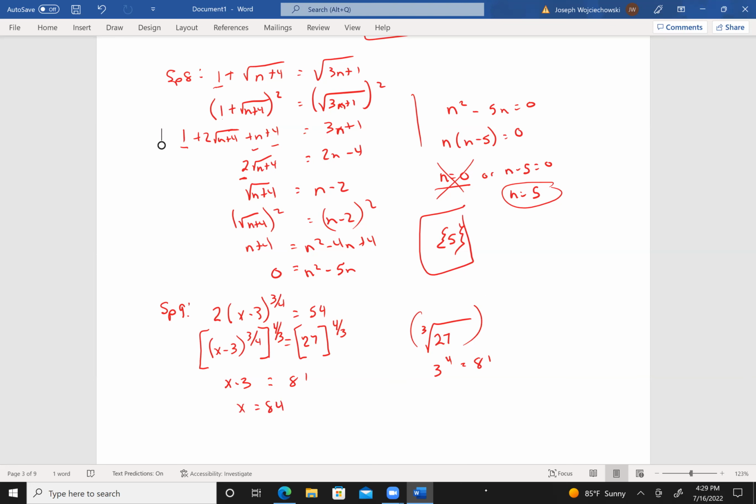So we could break this down initially as the 4th root of x minus 3 to the 3rd equals 27.